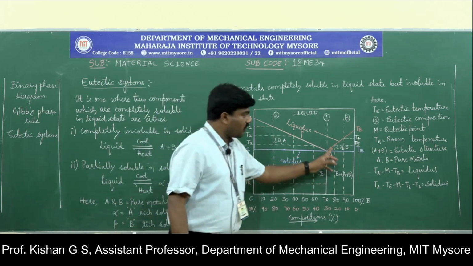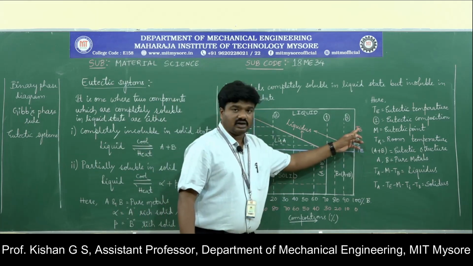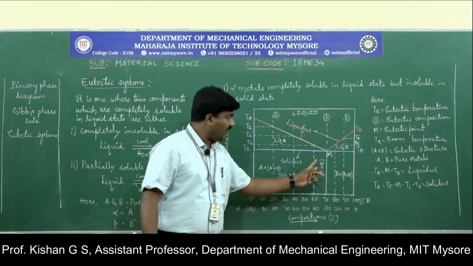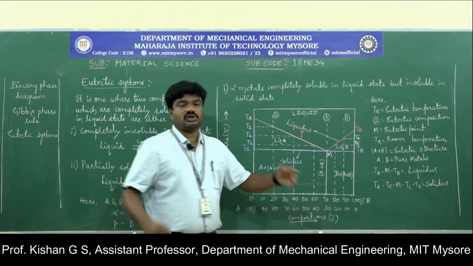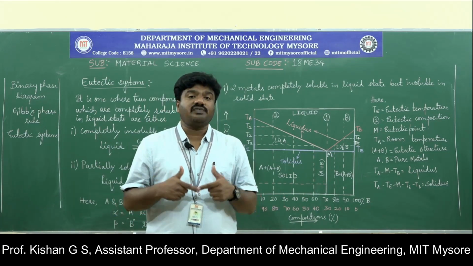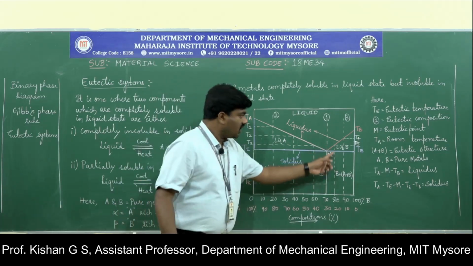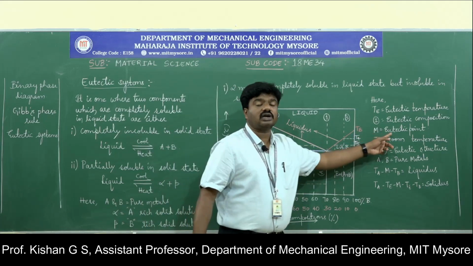Hence, this is a point wherein pure metal A and pure metal B are solidifying. The point wherein both the pure metals A and B are solidifying is called M, and that is represented as the eutectic point.